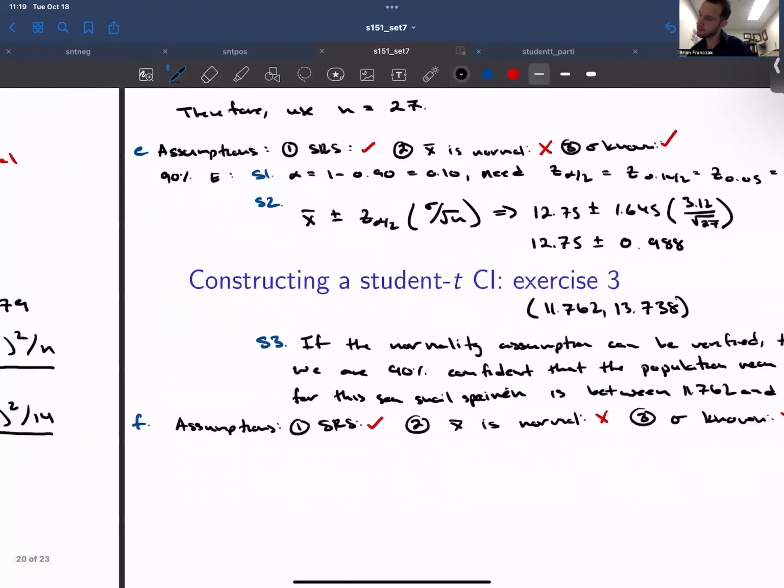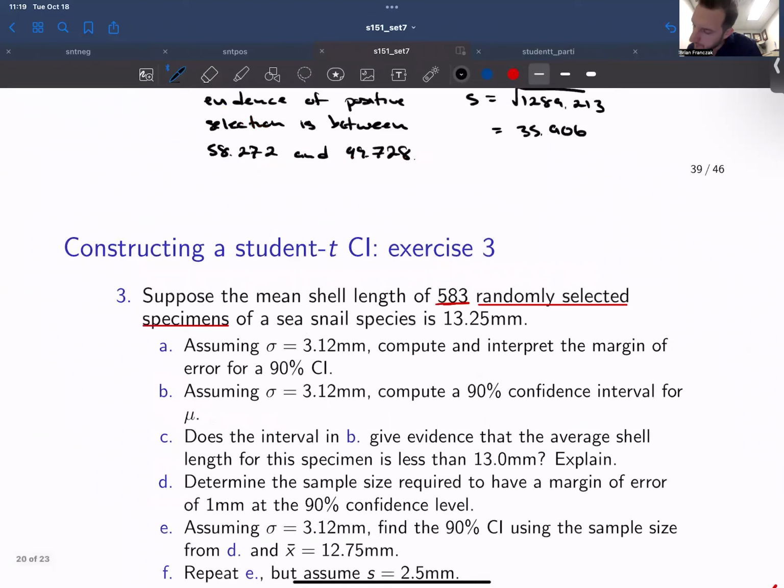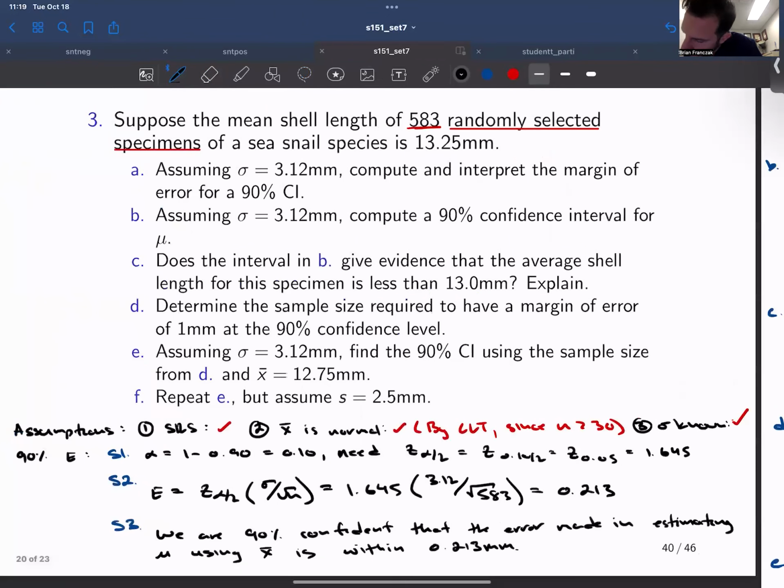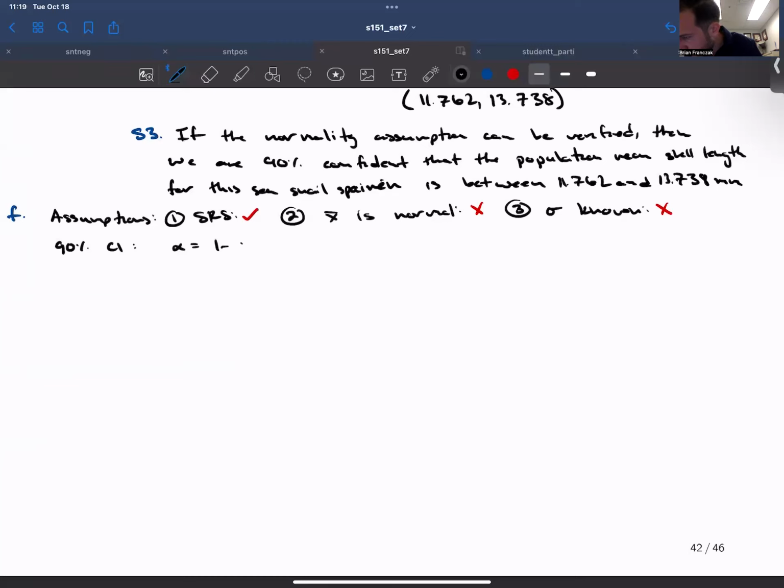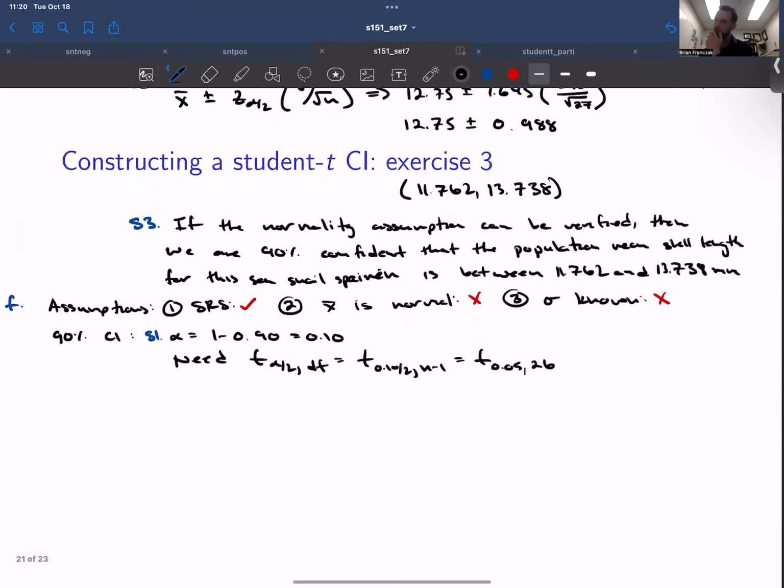We still want a 90% CI. Alpha is still 1 minus 0.9, which is 0.10. Okay. So we need T alpha over 2, n minus 1 now, or T alpha over 2, df, which is T 0.10 over 2, n minus 1, which is T 0.05 comma 26 in this case, because we're using the sample size from D.